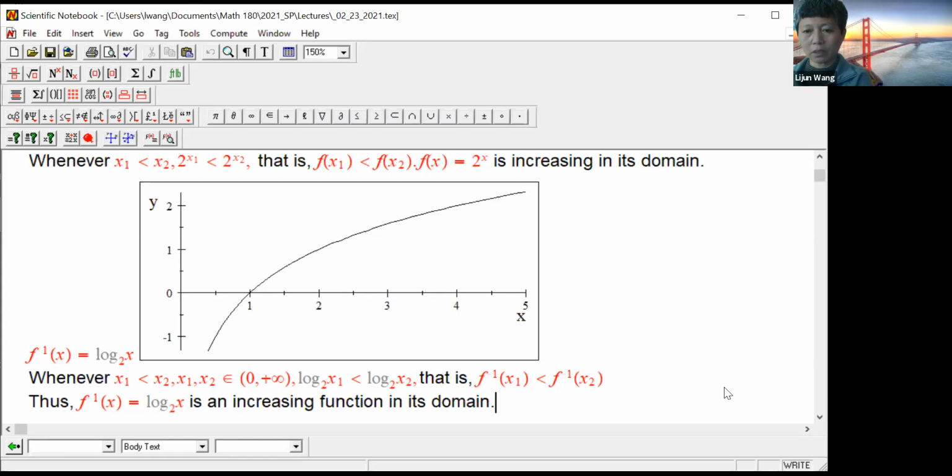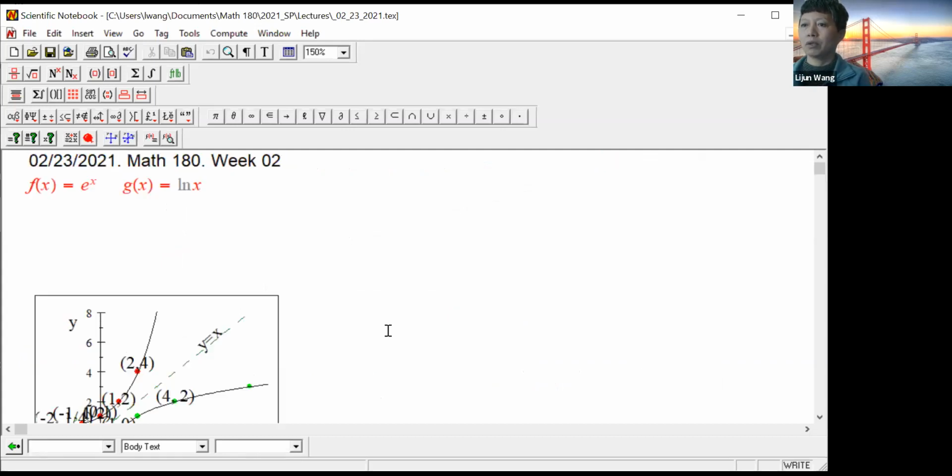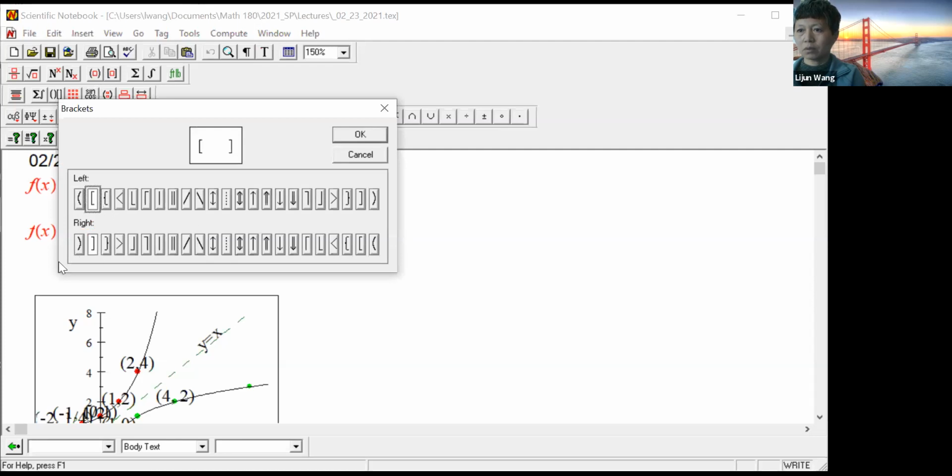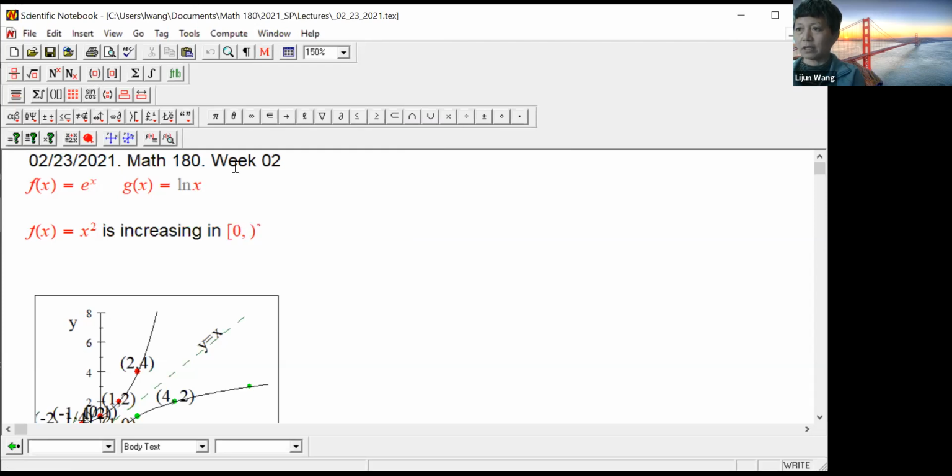Can you go slowly? For x squared, okay, let me write it down for you. F of x is increasing in the interval zero to infinity.